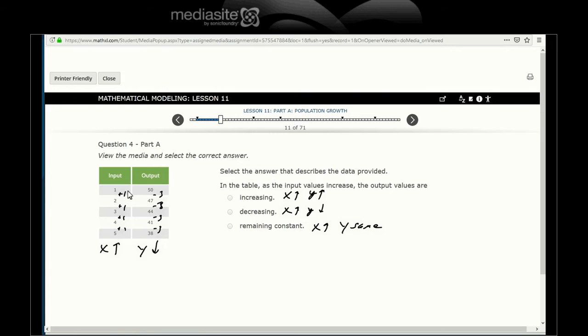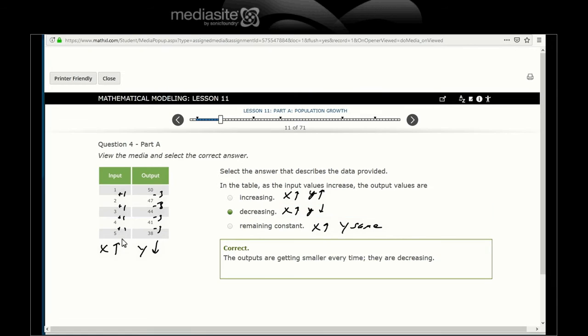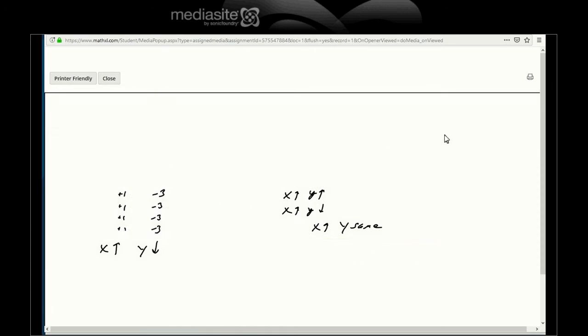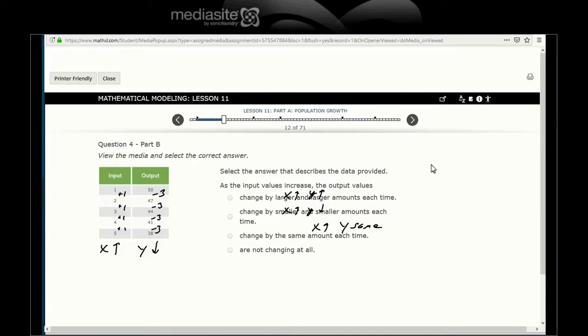And looking at that, it looks like we have this one. In each case, we are subtracting 3. Okay, that stays the same.